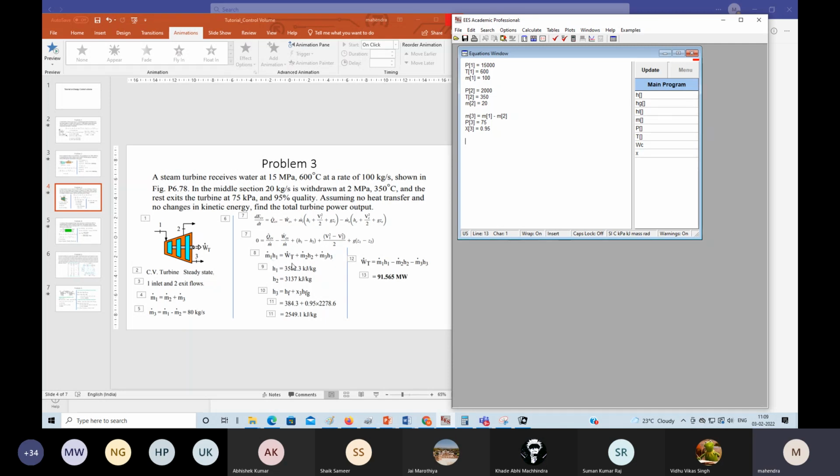H1 is actually direct from the properties. Let us write that also. H1 equal to enthalpy. This is the steam, right? Yes, steam. H1 equal to P1, T1.